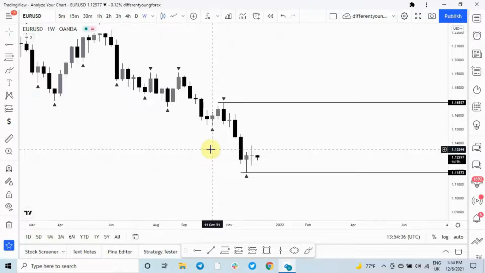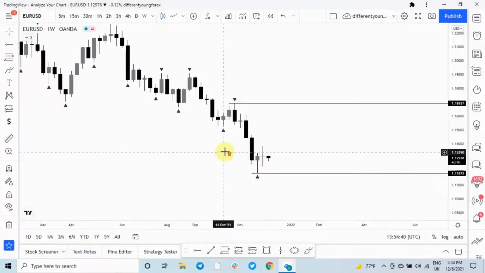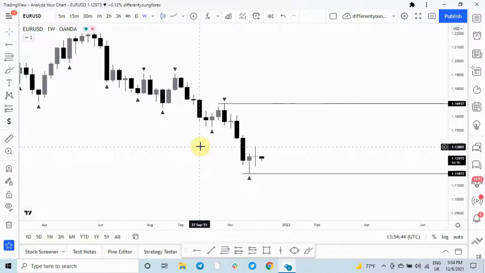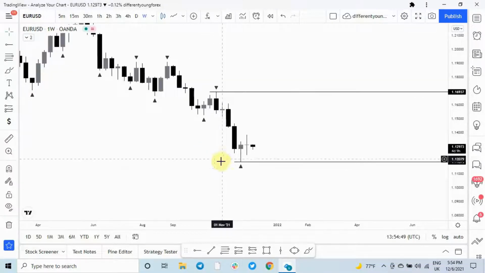A fractal is basically a high or low of the market which has the most amount of liquidity, or you can say a fractal is basically a wick which is higher or lower than the wicks on either side of it. So let's see a fractal low first.